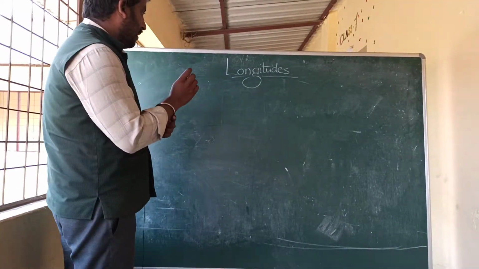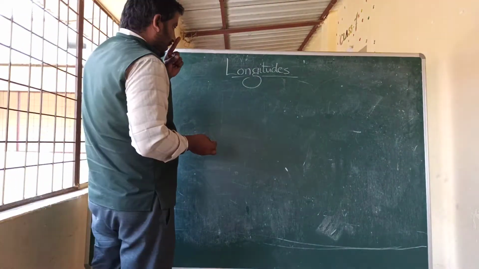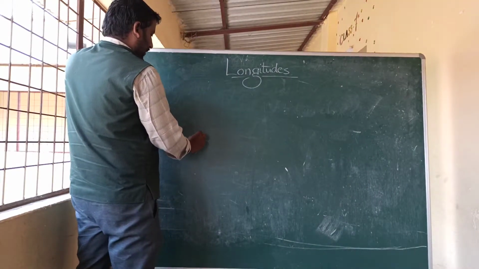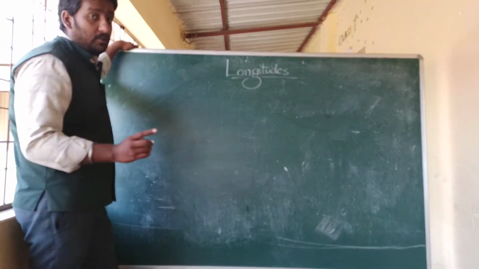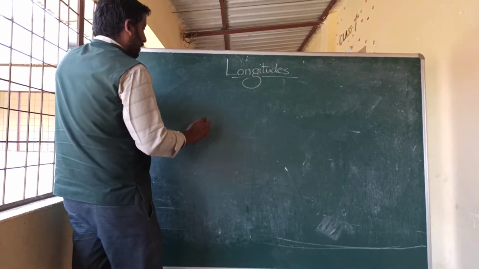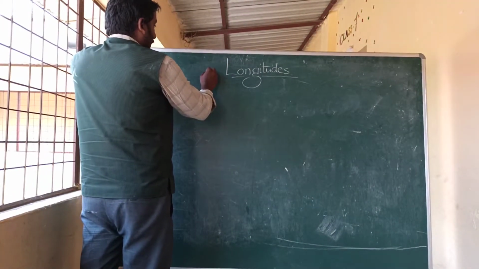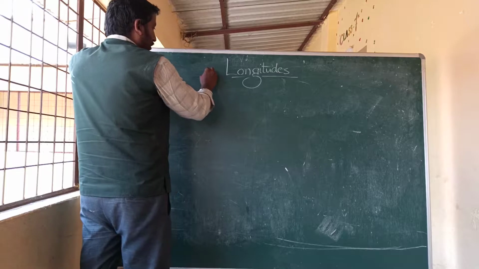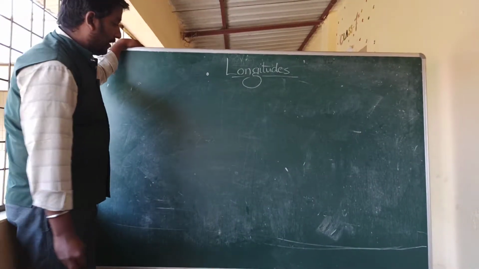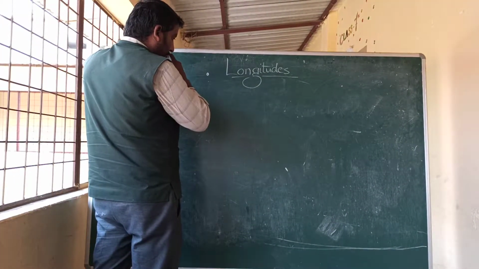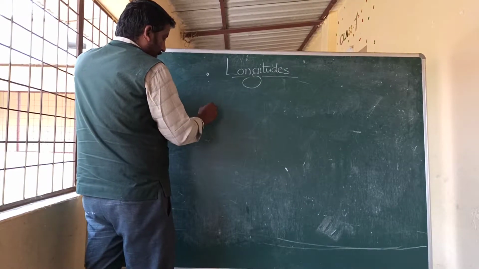For example, there are two cities, Allahabad and Hyderabad. Hyderabad not of India, of Pakistan. They fall in the same line. Hyderabad on the northern side and Allahabad somewhere in this line.